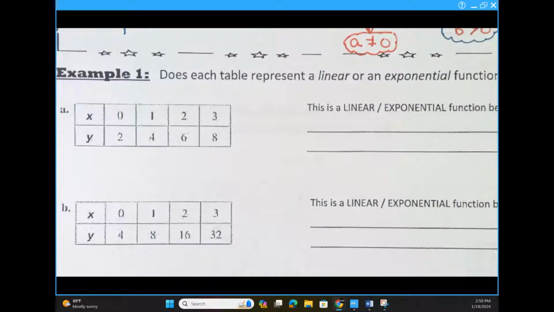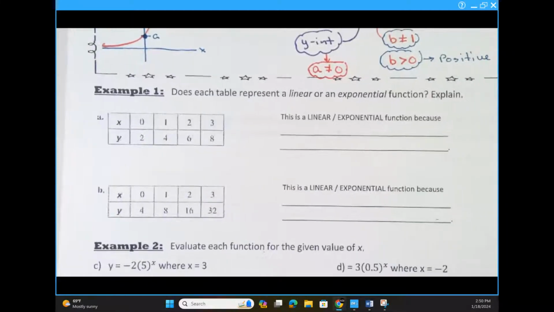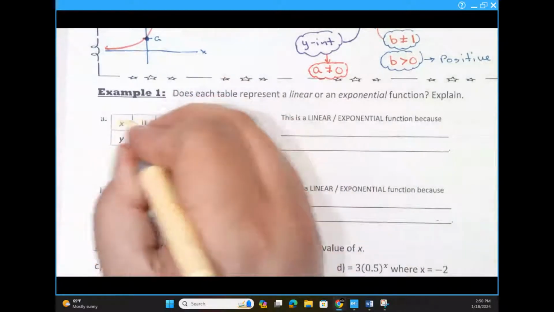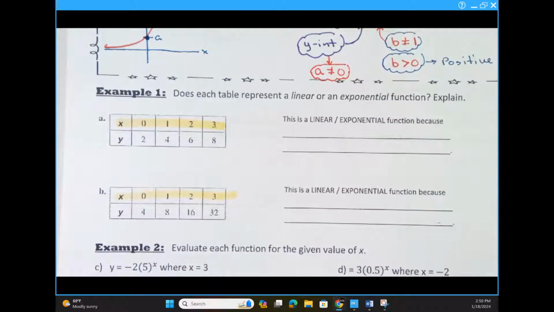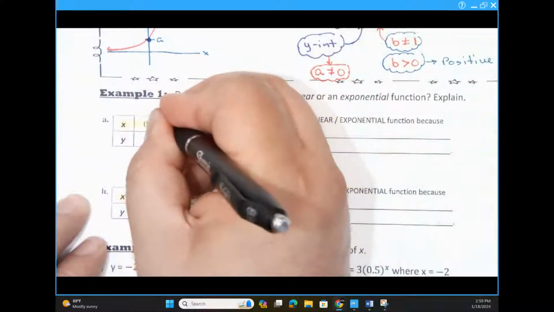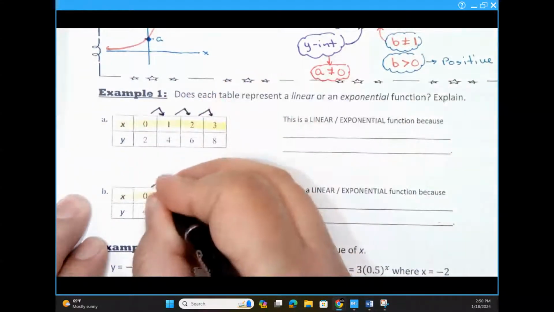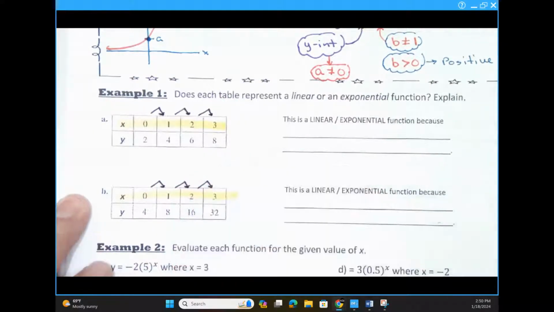So here we go. Example number 1, does the table represent a linear or an exponential function? And then explain. All right, well, look, we're going to look for a pattern. The x's. So we're going to check out the x's for both of these. When I look at my x's here, they are going up. Well, numbers can only get bigger, right? For both of these, numbers can only get bigger with adding or with multiplying.